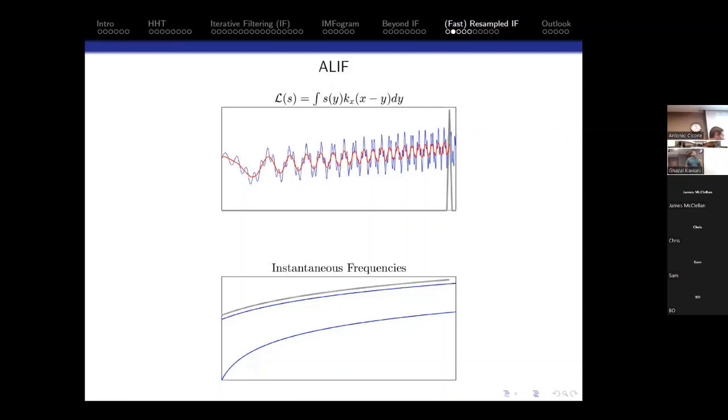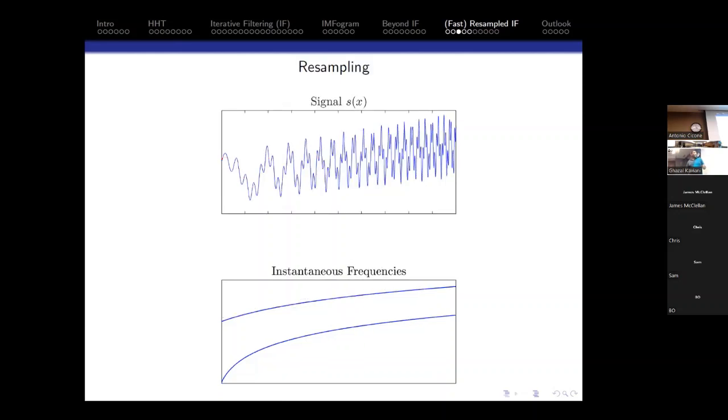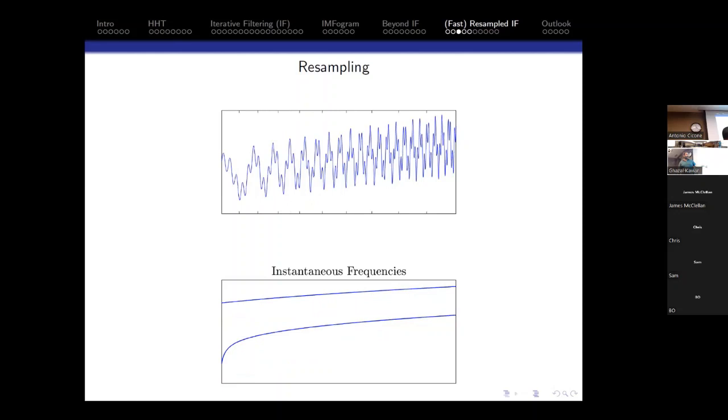What we realized is that this formula up there can be rewritten by a change of variable. And you can make this function constant. And the signal you just need to resample. So that's exactly what we do. We take this signal and resample it in a way that this curve now becomes flat, horizontal.